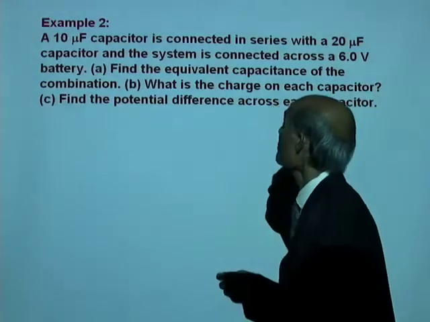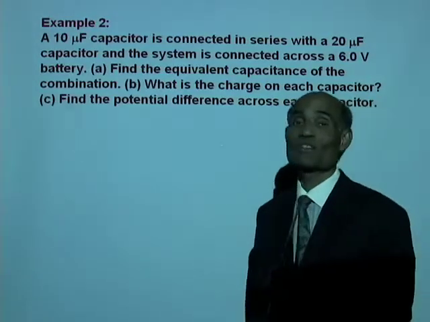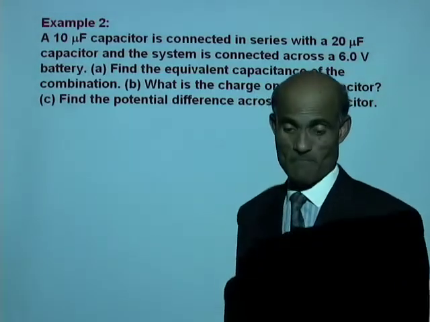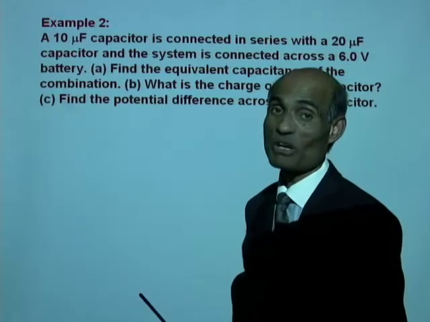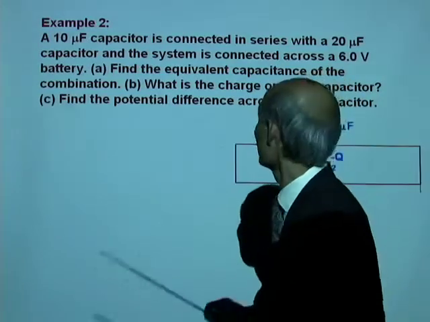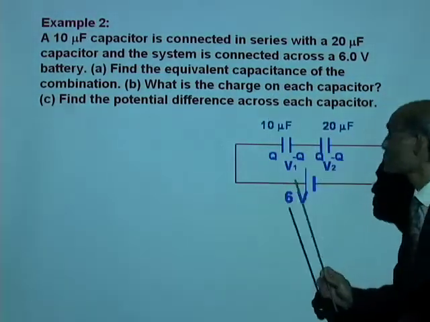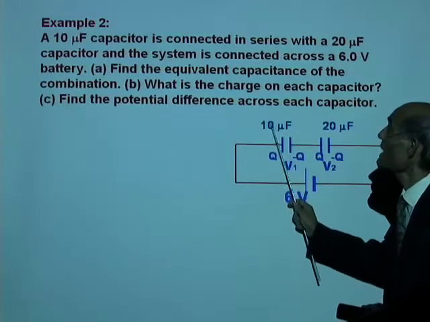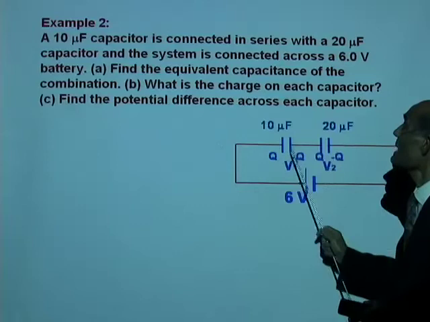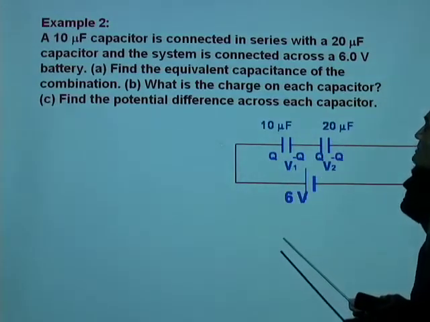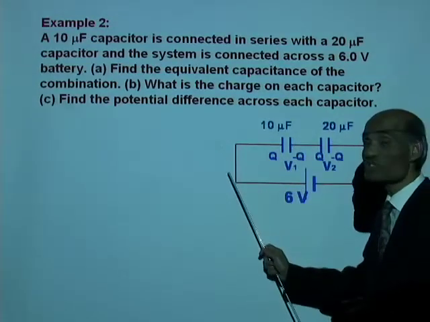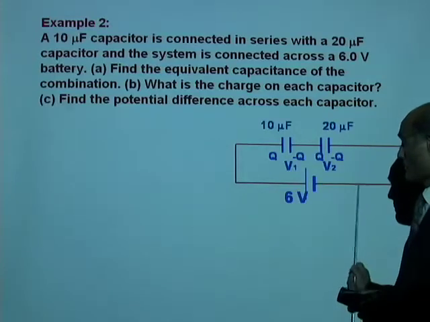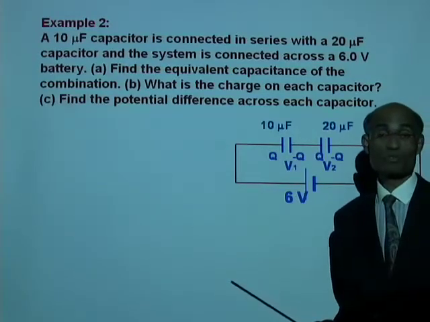And C, find the potential difference across each capacitor. Well, that's not difficult. This is the situation. You have two capacitors, 10 microfarad and 20 microfarad in series, and the combination is connected to a 6-volt battery.